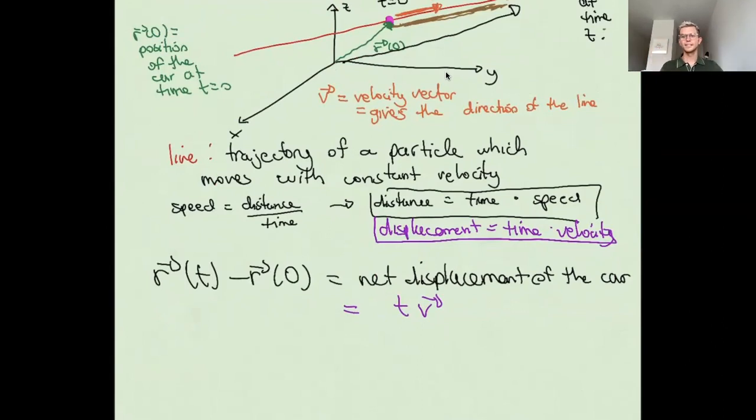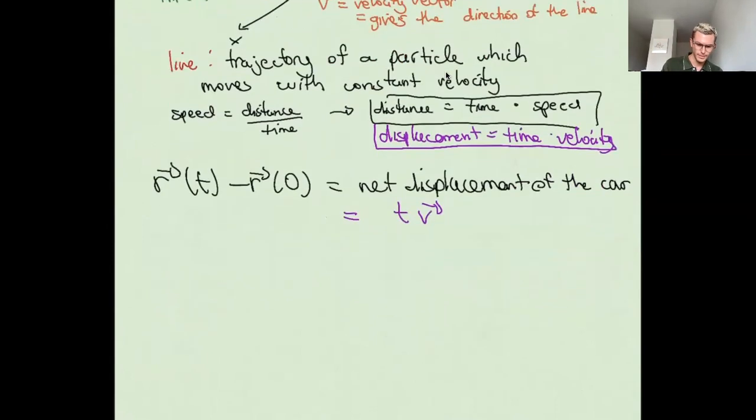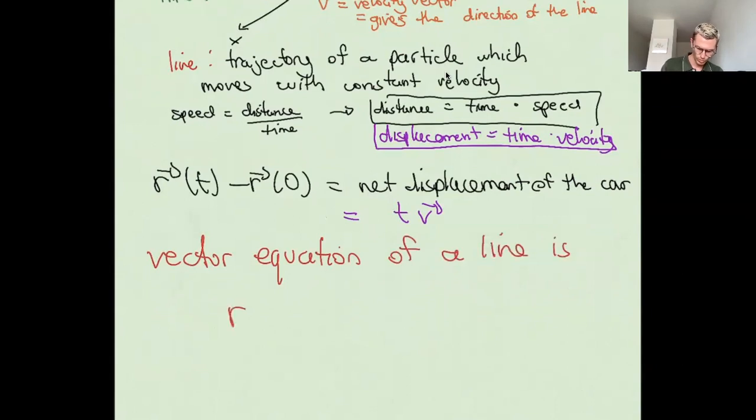And that's it. That's all that you need to know about the line. So the equation of a line, and this is what you need to know, is sometimes called the vector equation of a line. Is that okay?